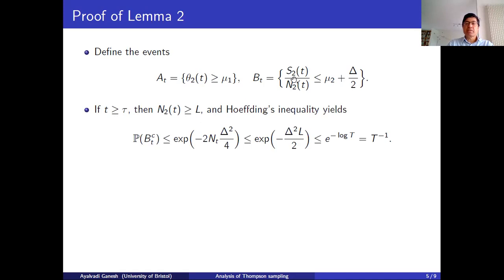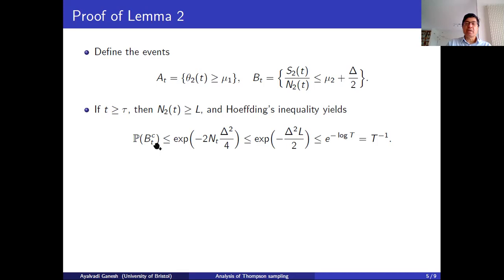BT complement is the event that the empirical fraction of successes in the first N2 trials is bigger than mu2 plus delta over 2. So it's the event that the sample mean is much bigger than the true mean. And these are sums of Bernoulli random variables. So these are sums of random variables restricted to the interval 0 to 1, and hence we can apply Hoeffding's inequality to this event.